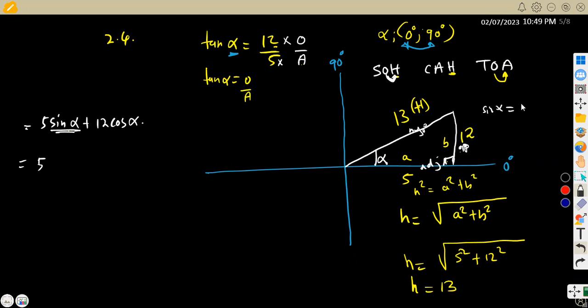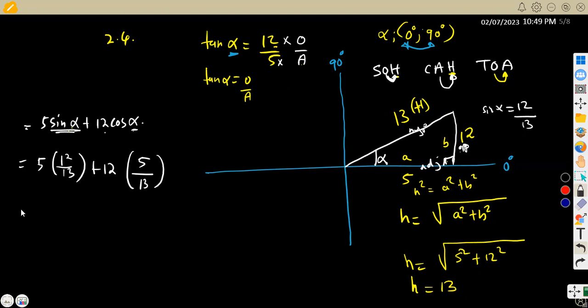So sine alpha is 12 over 13. We move on to the other part: 12 cos alpha, of which cos is adjacent over hypotenuse, so it's plus 12 times 5 over 13.